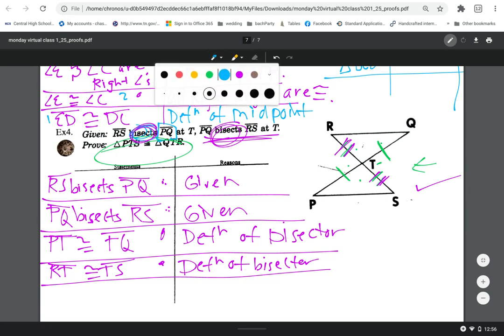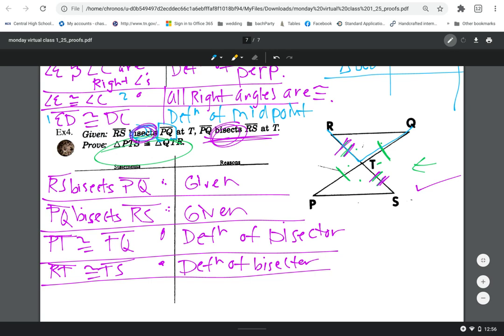So we have to name it RTQ is congruent to PTS. You can switch those letters around as long as T is in the middle. How do I know? That was the definition of vertical angles. So vertical angles are congruent.